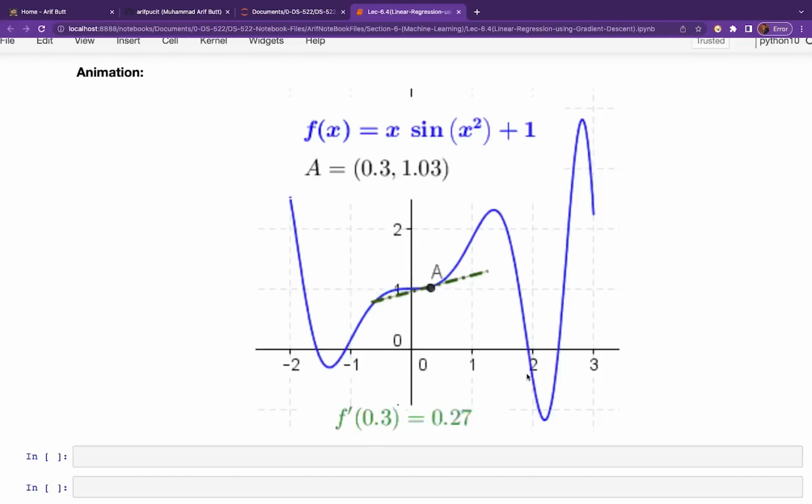And the remaining two are the maximas, because over here the derivative or slope is positive on the left and negative on the right. Moreover, this point over here is the problem point.